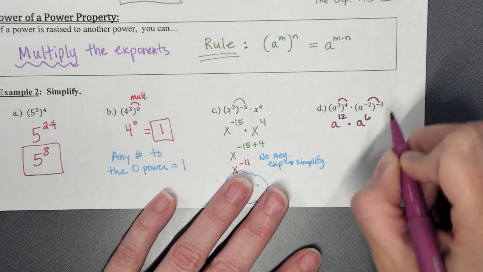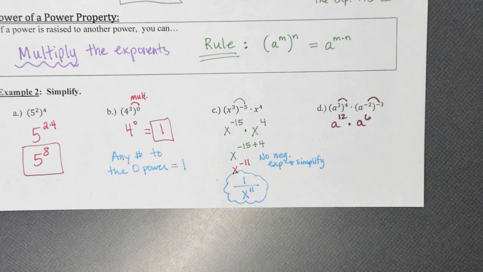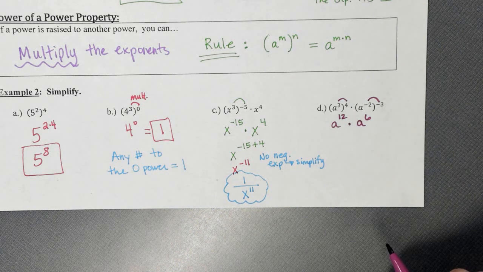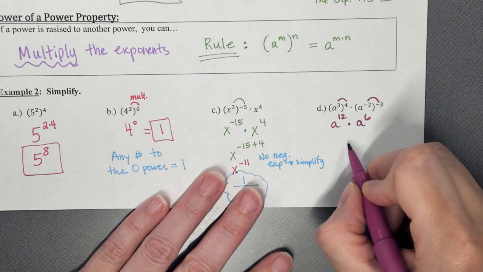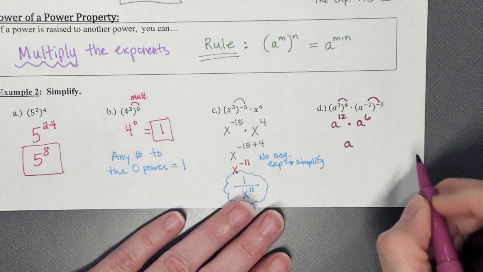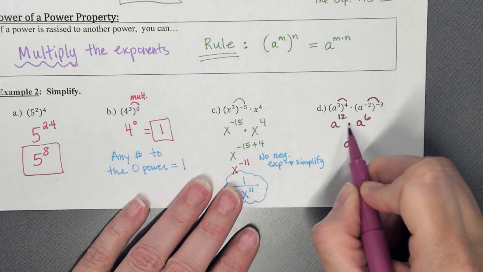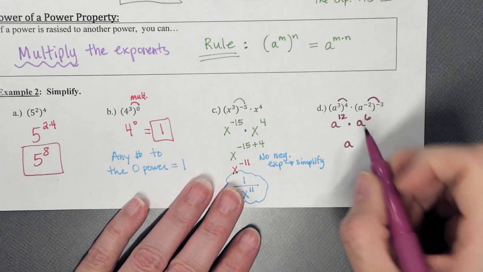Good. So a negative times a negative is a positive. Okay, so our next step, these are multiplied. So Erica, can you tell me what we're going to do with the exponents? Or if you're not sure, tell me that too. So if you're multiplying together, this is when you're going to add your two exponents.